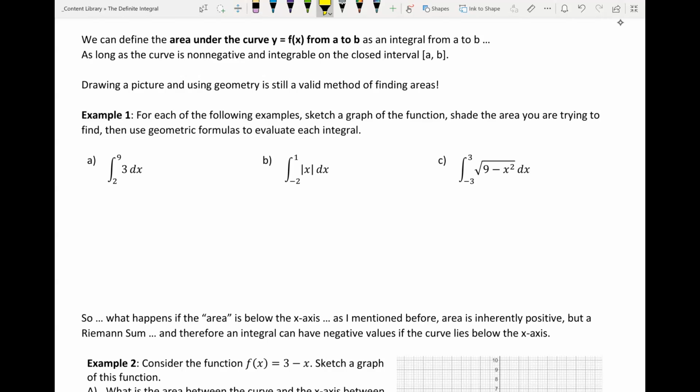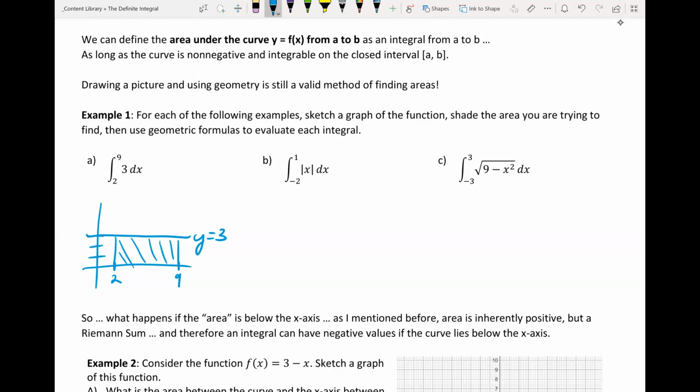So I'm going to draw the line y equals 3. And it's just a straight line across. And we want to find the area underneath the curve between 2 and 9. So that's the region that we want.